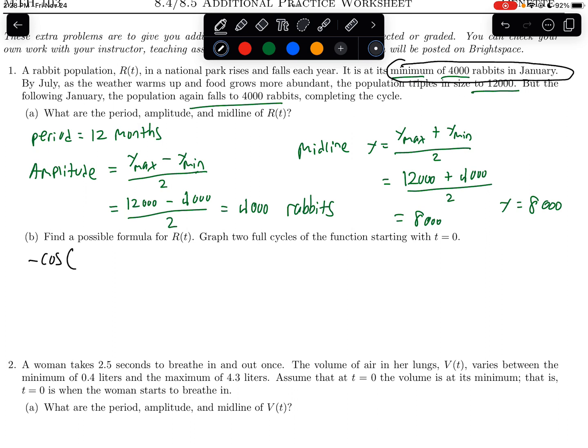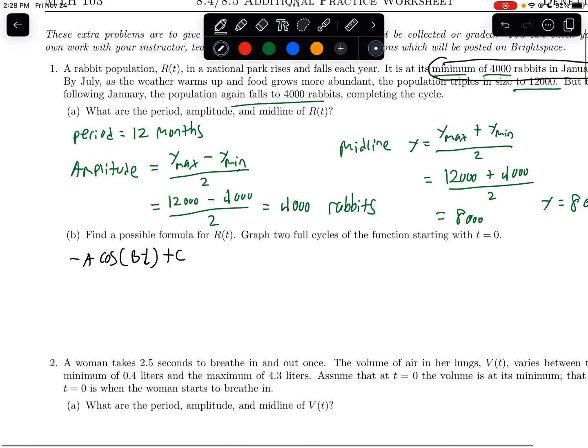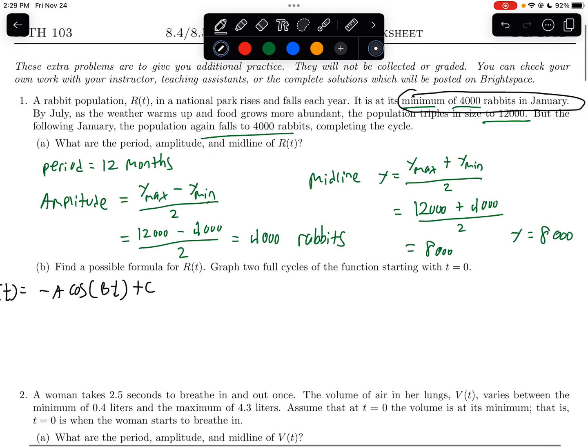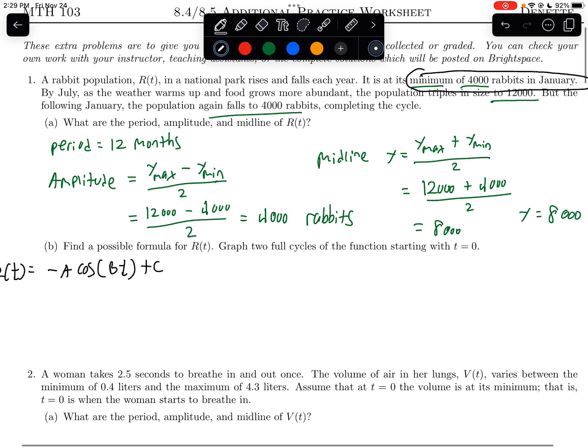So we're looking for negative a cosine bt plus c as the form for the function r of t. Again, it's cosine because the intercept is not on the midline, and namely it's a minimum, so it's a negative cosine function. If it started at the max, it would be a positive cosine, but here it's negative.